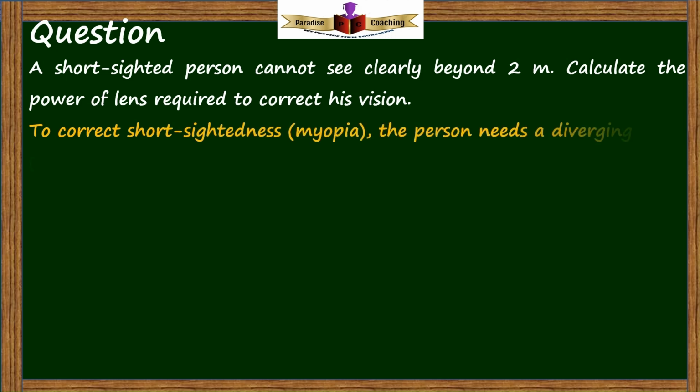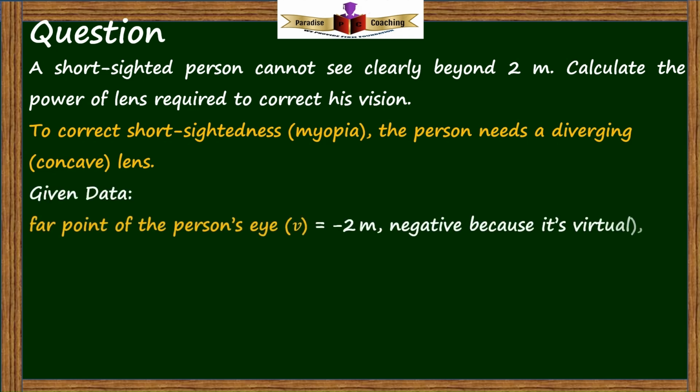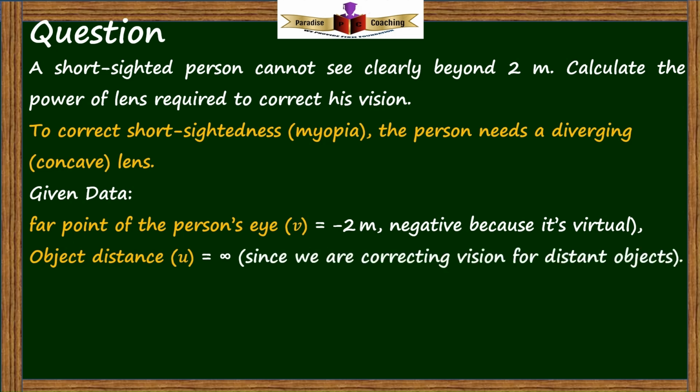To correct short-sightedness, myopia, the person needs a diverging concave lens. Given data: far point of the person V equals minus 2 meters, negative because it's virtual. Object distance U equals infinity, since we are correcting vision for distant objects.